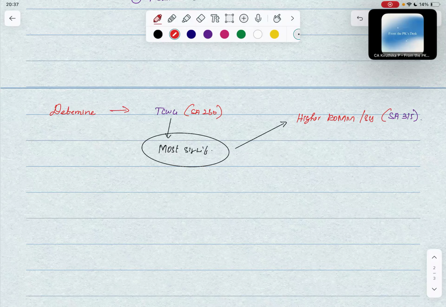A very easy example for higher risk is related party transactions. Now tell me, when we audit related party transactions, or when we hear that there is a related party transaction, always and always we assess that there is a higher risk, because why?